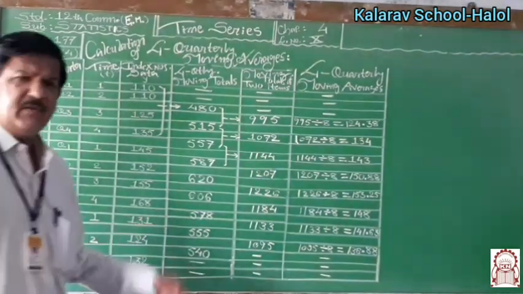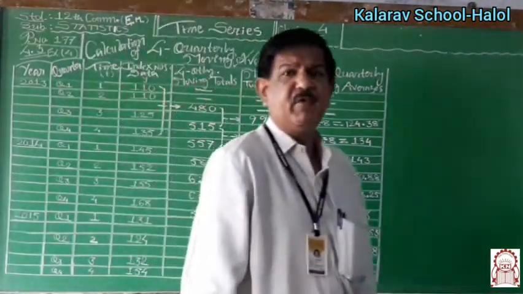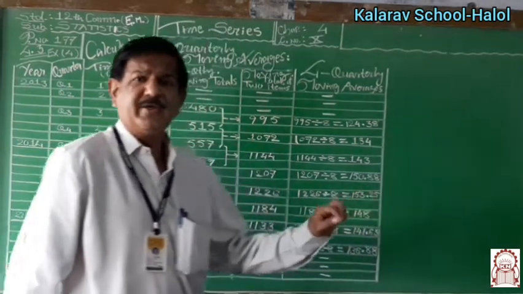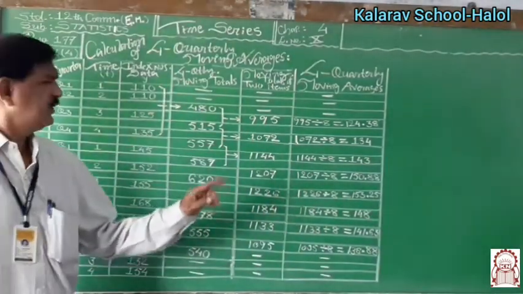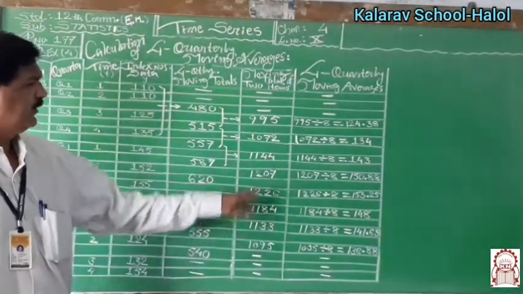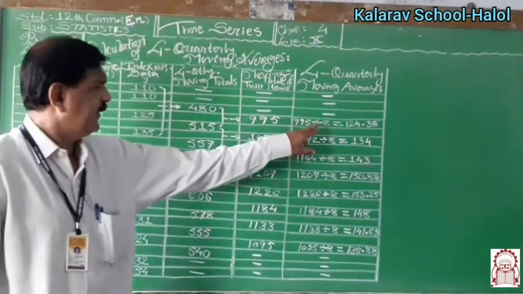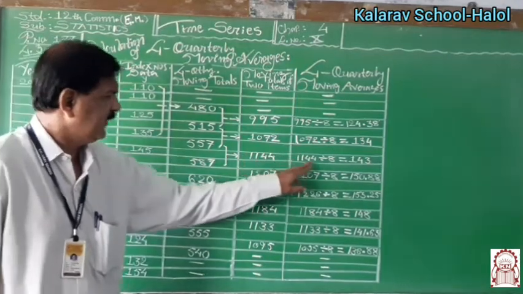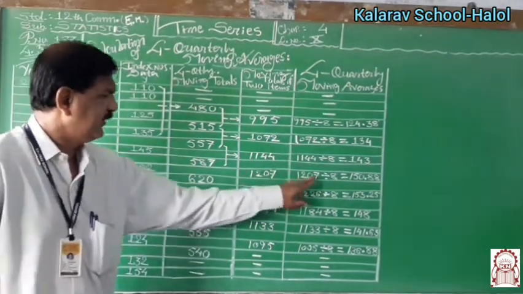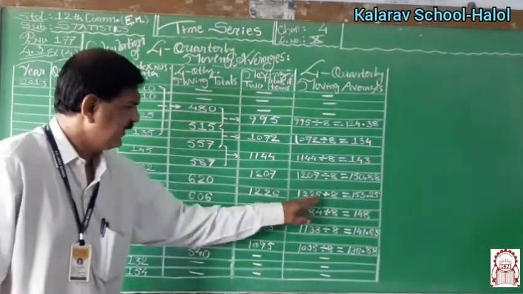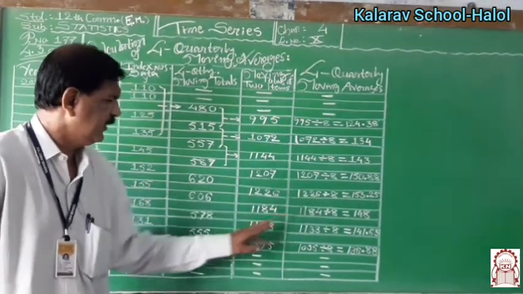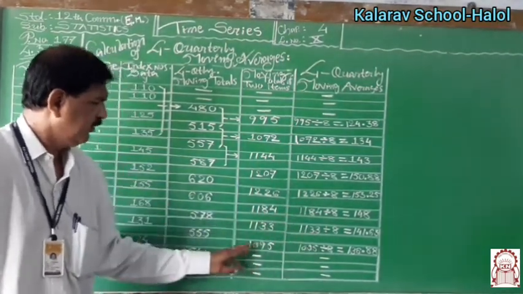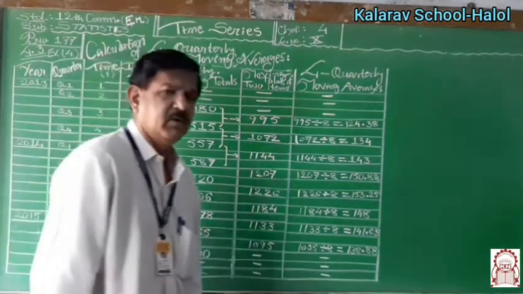For computing the 4 quarterly moving average, this column should be divided by 8: 995 divided by 8, 1072 divided by 8, 1144, 1207, 1226, 1184, 1133, 1095, each divided by 8.